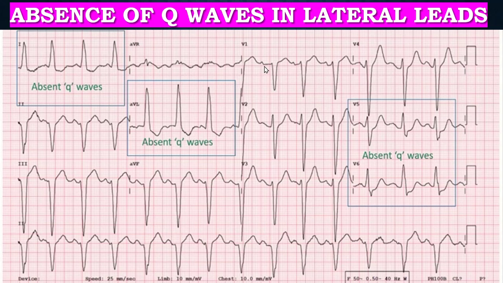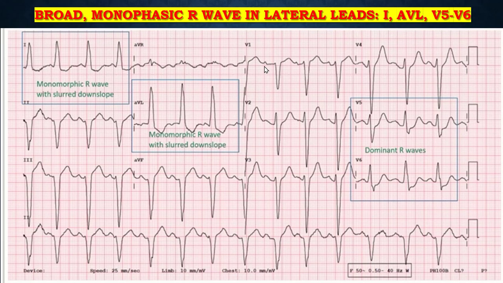Broad monophasic R wave in lateral leads 1, AVL and V5. Monophasic R wave with slurred down slope. In a normal ECG the R wave falls sharply, but here it is falling down slowly and there is a notch in the R wave.